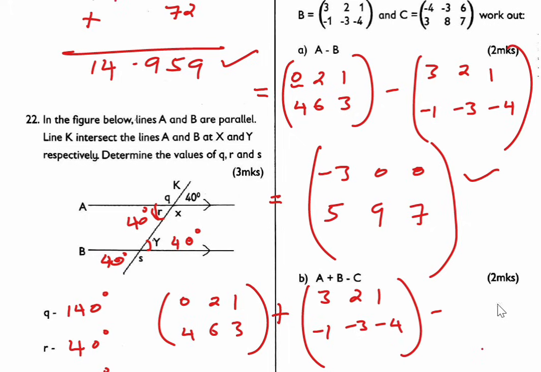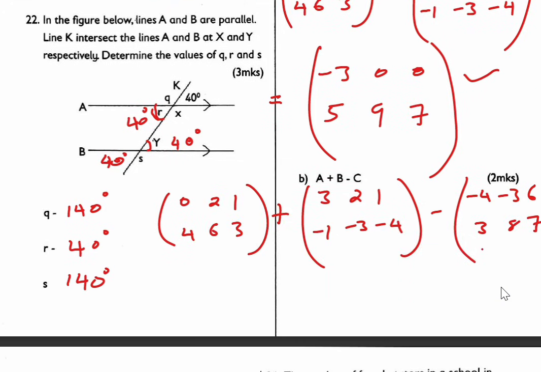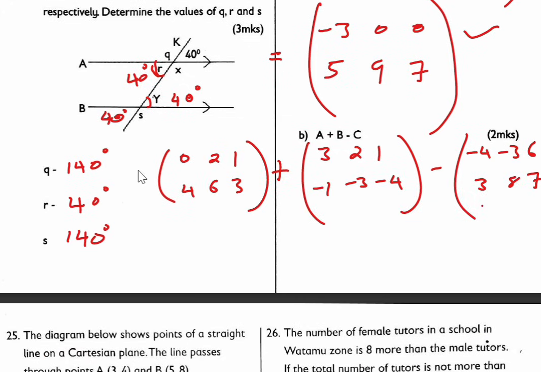And subtract C. So minus C. The matrix is negative 4, negative 3, 6, 3, 8, and 7. So we're going to add and then subtract. Very easy.